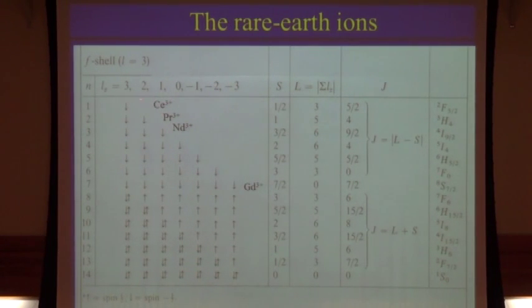Cerium has one f electron, so it has S equal 1/2, L equal 3. So it's less than half full, so J is L minus S, so the J for cerium is 5/2.